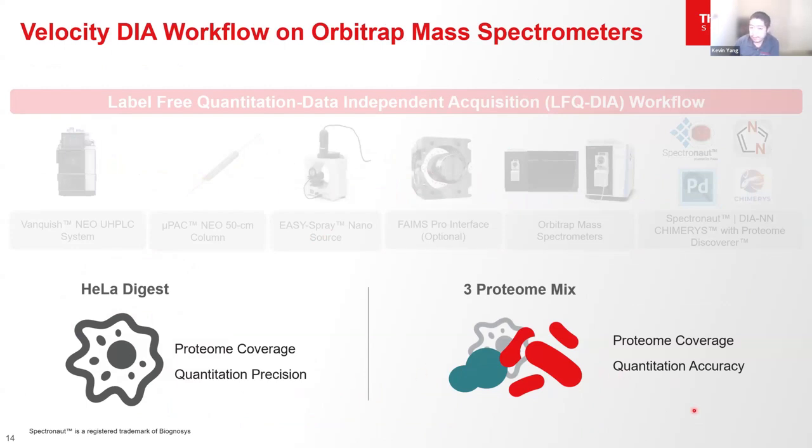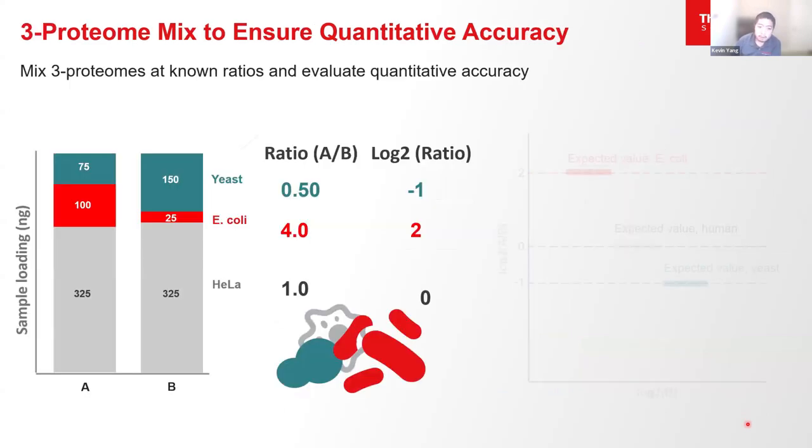We also like to investigate the quantitation accuracy using the three-proteome sample. That allows us to understand the protein coverage when you have more complex samples, and also if this workflow gives you accurate quantitation, which is extremely important if you're studying biological questions. For the three-proteome sample, we have two mixtures.